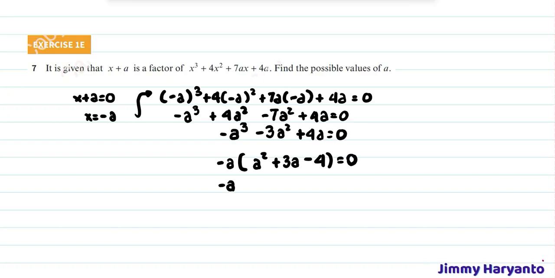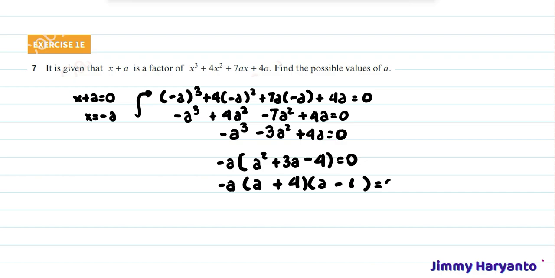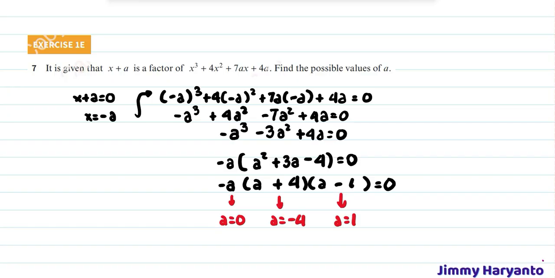And then for the quadratics, we can factorize it like this. The question wants you to find the possible value of a. So from this one, you will have a equals to 0. From this one, you will have a equals to negative 4. From this one, you will have a equals to 1. So this is our value of a.